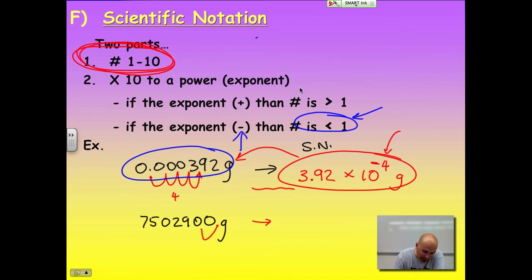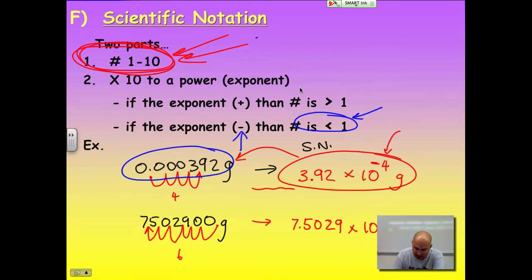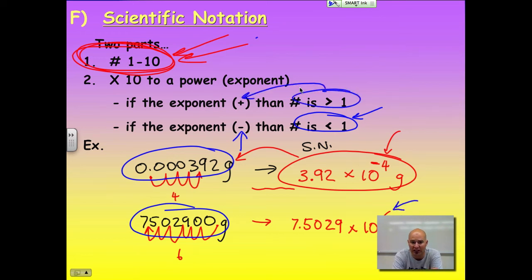Decimal's here. 1, 2, 3, 4, 5, 6. 6 gets me to that point where 7.5029 is between 1 and 10, again times 10 to the, I said I moved it 6 places, 6. Think about it to yourself now. Should that 6 be positive or negative? Well, this number is larger than 1, so this should be a positive. Larger than 1, we should have a positive exponent.